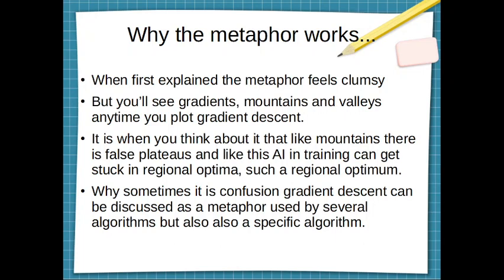There's a regional optimum that might not be the true global optimum. And a lot of the complexity of training different AI is about making sure a neural network doesn't get trapped in a regional optimum and not end up in the global optimum.